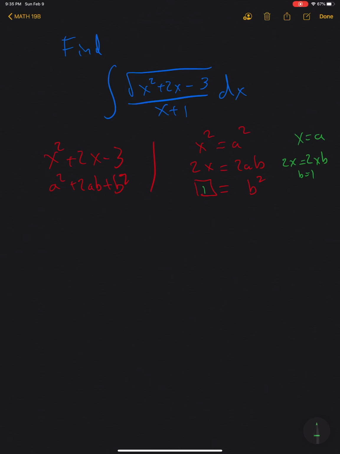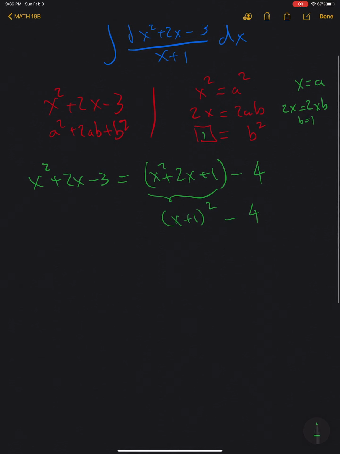In other words, when I complete the square, x squared plus 2x minus 3 is the same thing as x squared plus 2x plus 1, and in order to make this equality, I would have to subtract a 4. So this part right here, I can write down as a perfect square, which is x plus 1 squared minus 4.